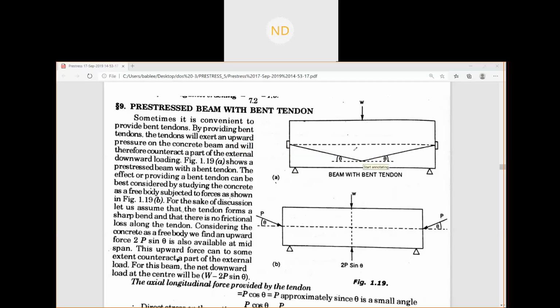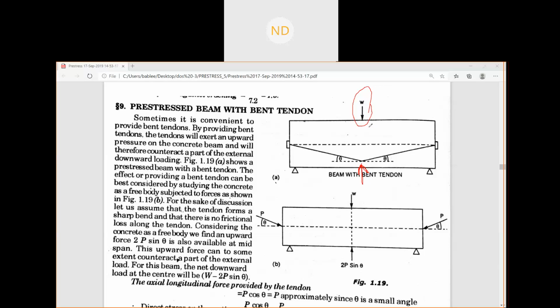These bend tendons are at an angle theta with the horizontal, because they will provide an upward thrust which is going to counterbalance the external load. By providing this bend tendon, an upward pressure will be exerted on the concrete beam and will therefore counterbalance the external load.